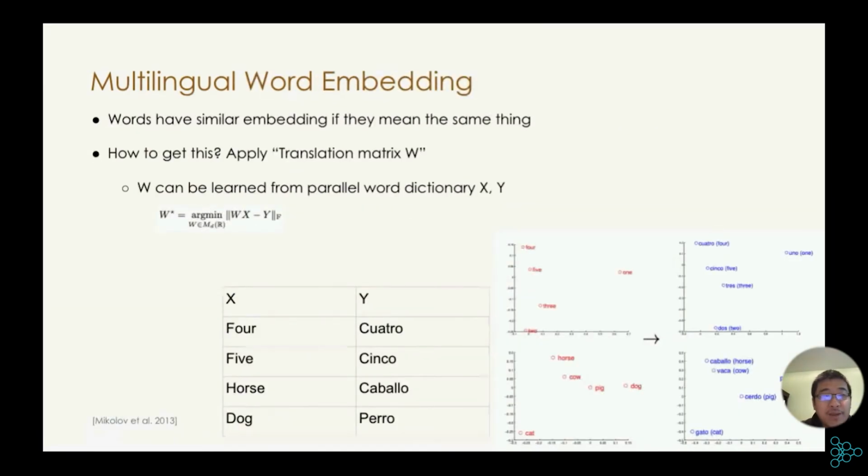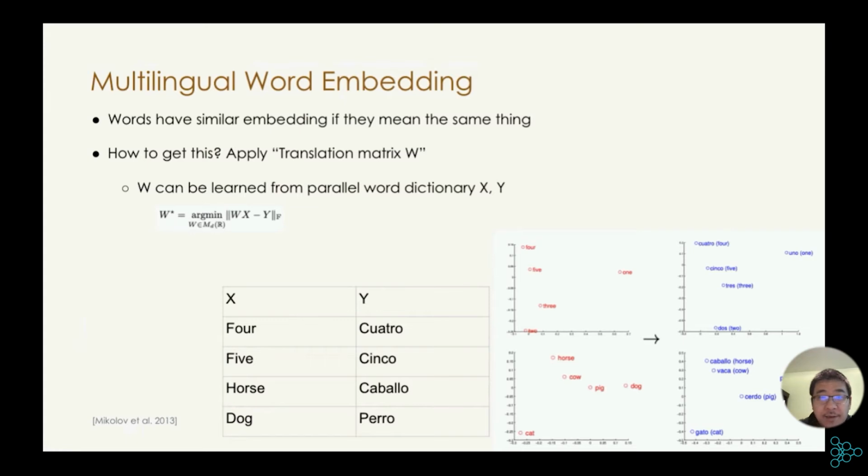Okay, so one solution is to use the multilingual word embedding. The word embedding means we use a vector to represent the English word, and we also use a vector to represent a Spanish word. If the translation of the English word in Spanish has the exact same embedding, then we can use the embedding as the features.